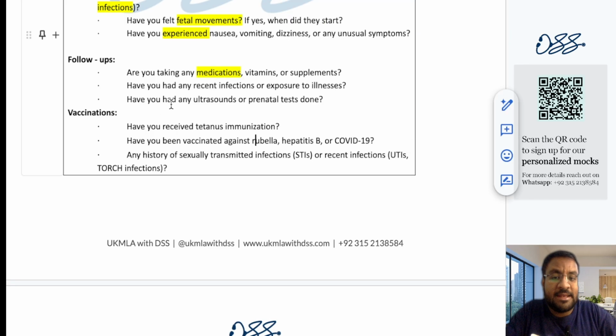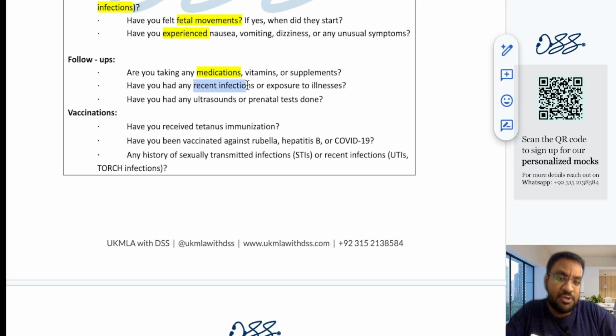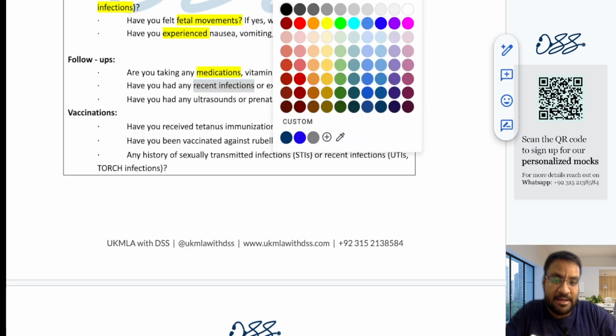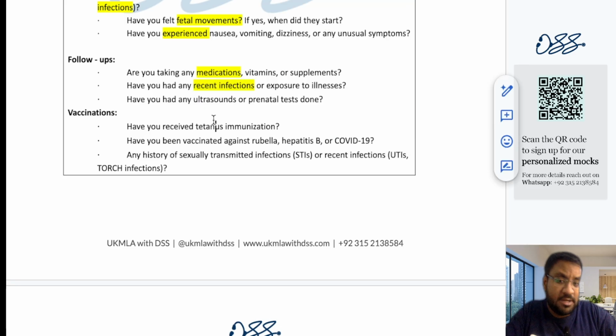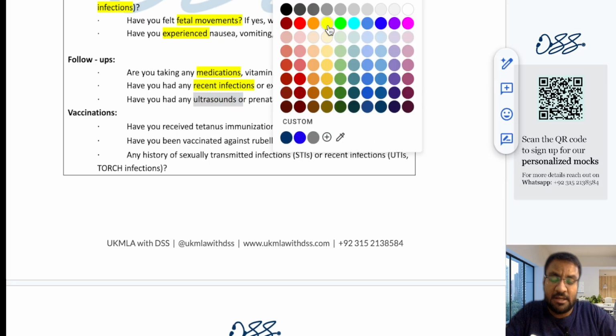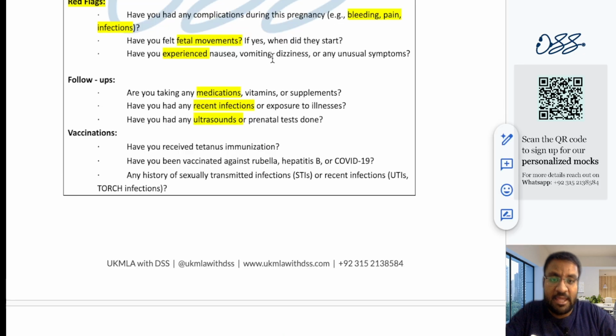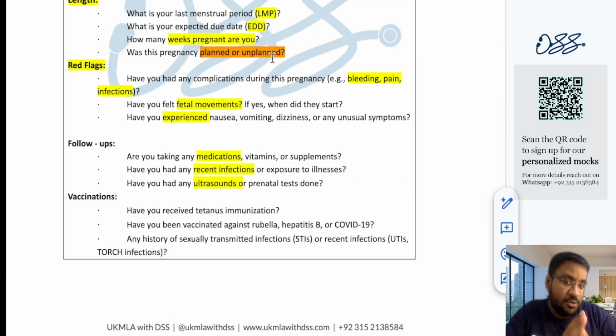And then have you had any ultrasounds or prenatal tests done? So there are some diagnostic antenatal tests, CVS, like amniocentesis. There are a few ultrasound scans. There is CTG. There is Doppler ultrasound. And there are multiple tests available to check the fetal well-being. So you got to ask about that.